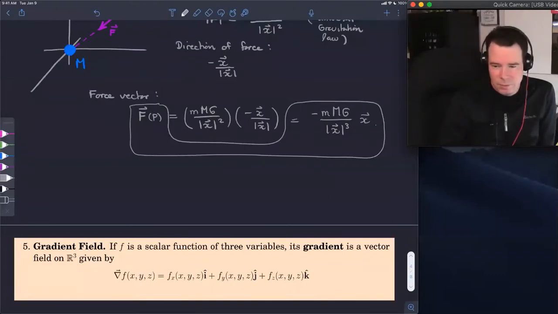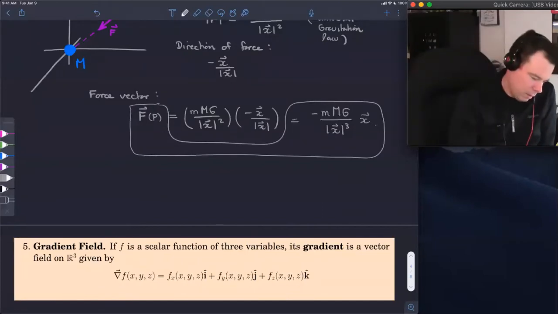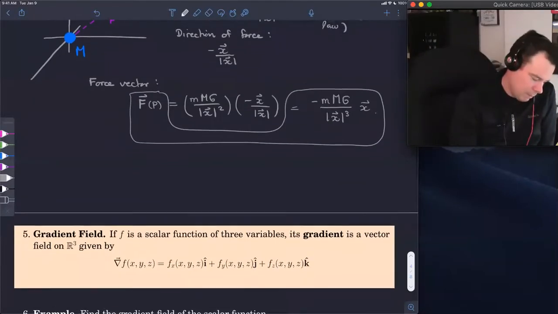In this case, if f is a scalar function of 3 variables, x, y, z, then its gradient is going to have 3 components: the derivative with respect to x, the derivative with respect to y, and the derivative with respect to z. And putting those 3 partial derivatives as the components of this vector, we get a vector field. This is known as the gradient vector field. So this is one that we've been familiar with already.